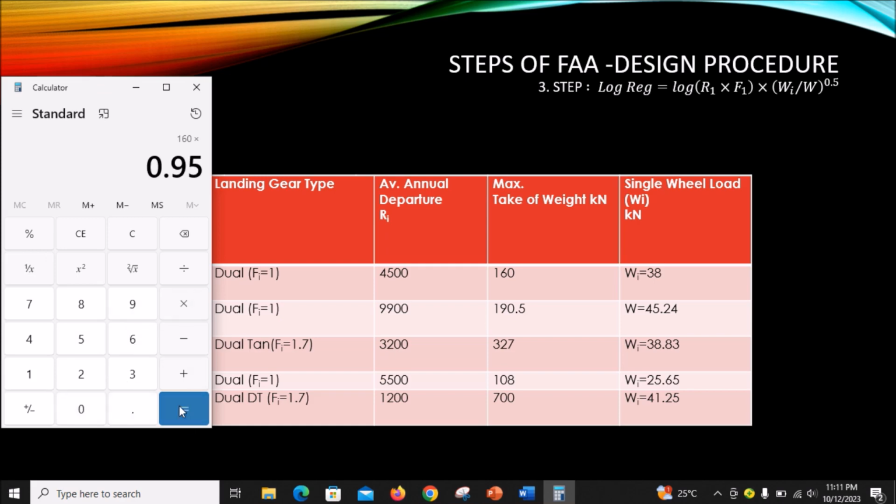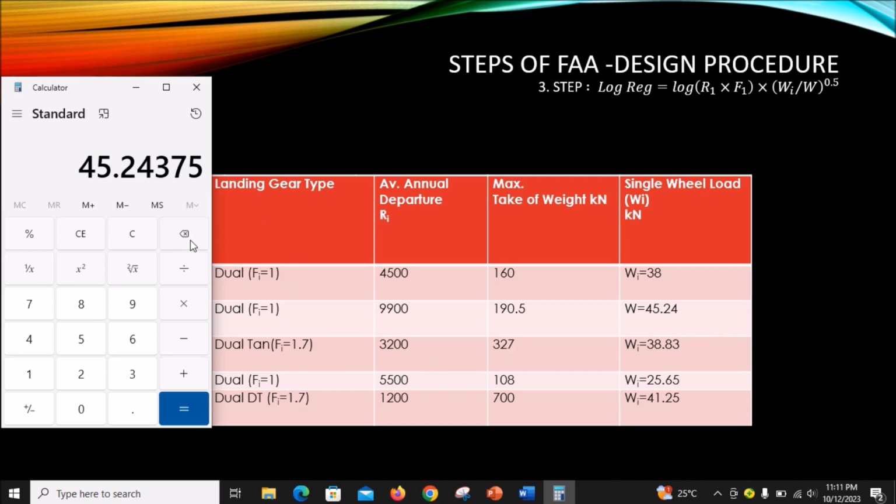We have 152 divided by 4. What do we have? 38. You see, this very one is correct. So the second one, what we do is to multiply 190 by 0.95, which is 95%. We divide it by 4, we have 45.24. You can see it is correct.